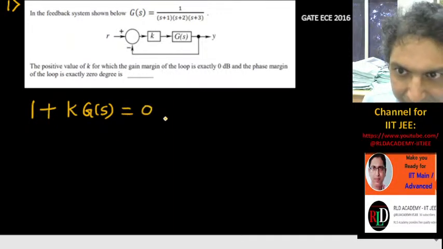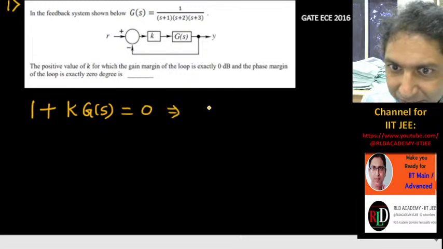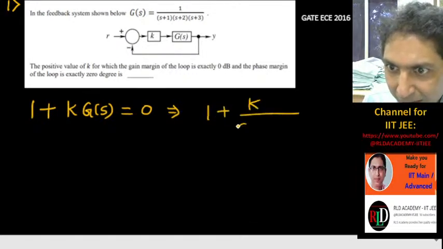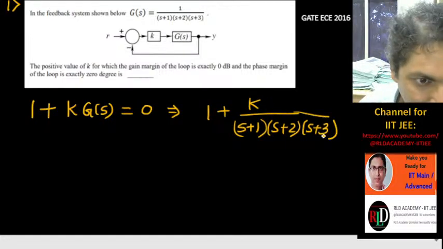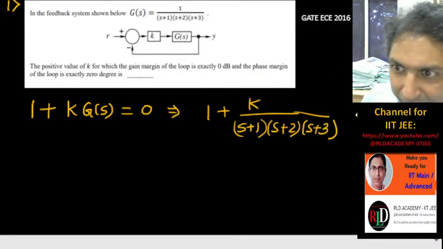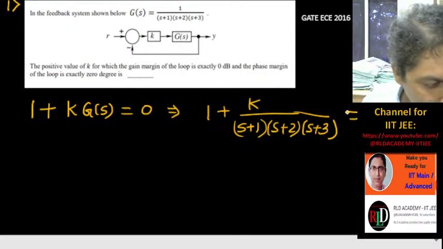Is it okay? Now 1 plus K, and G(S) is replaced by this one, S plus 1, S plus 2 and S plus 3, then I will put it equal to 0.